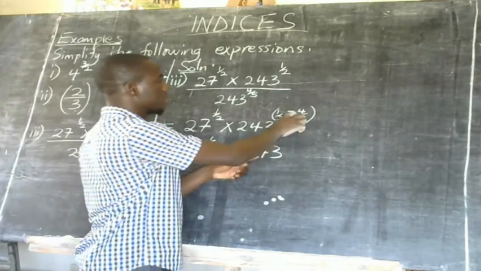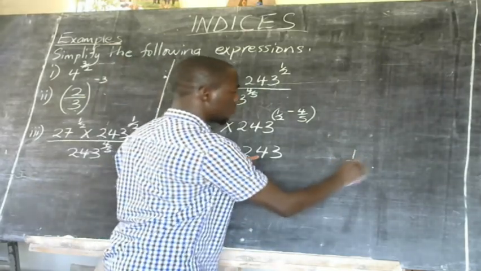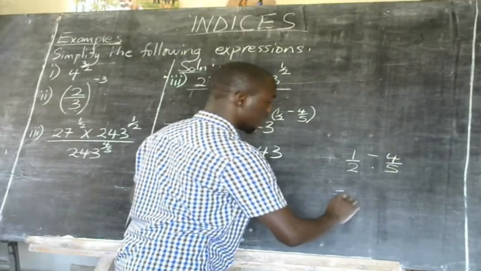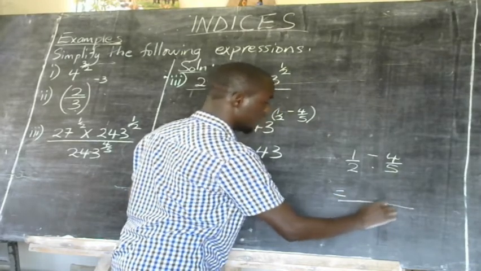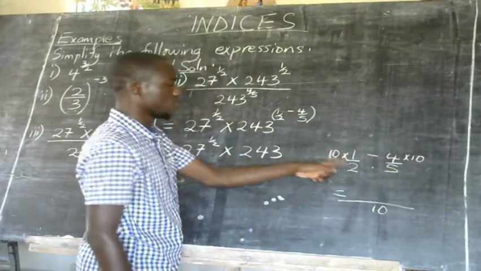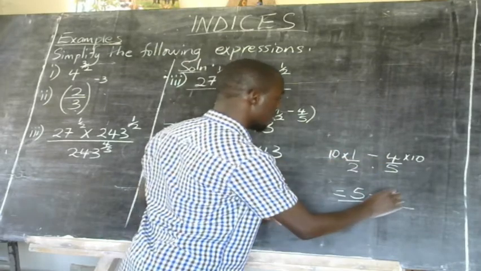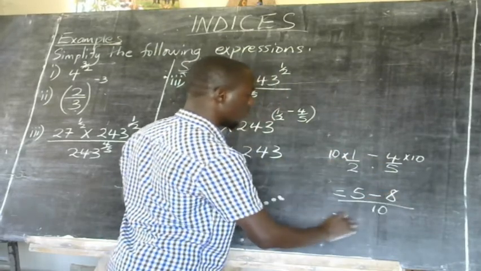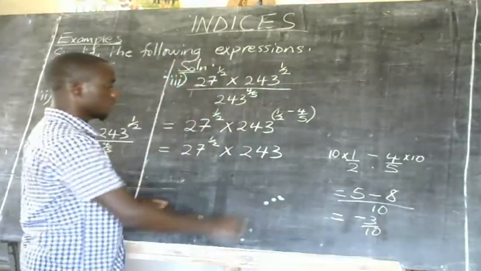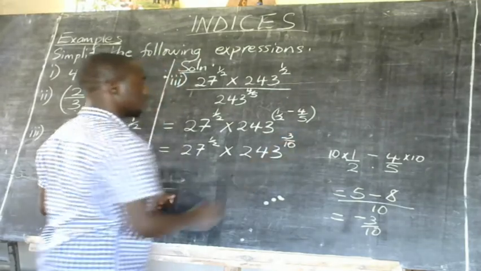When I subtract these fractions here, in O-level we used to get the LCM of the denominator. That is 10, multiply 10 there, multiply 10 there. So this one here gives you 5, then minus this one here gives you 8. You have negative 3 all over a 10. So power negative 3 all over a 10.